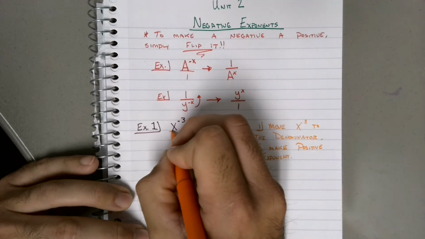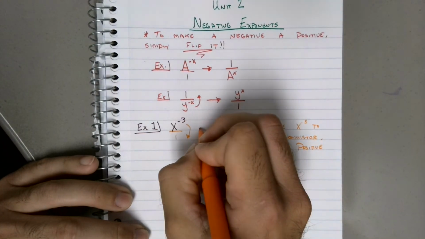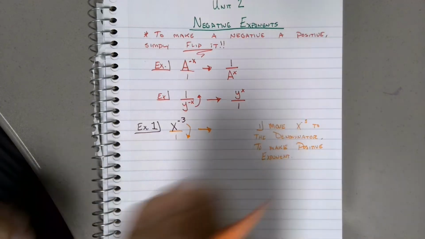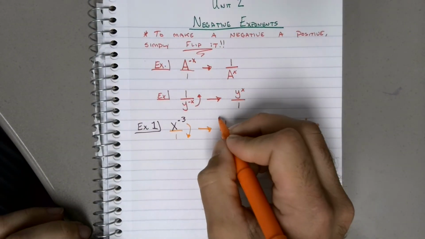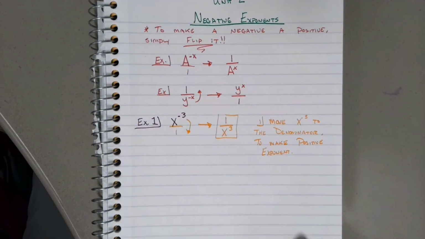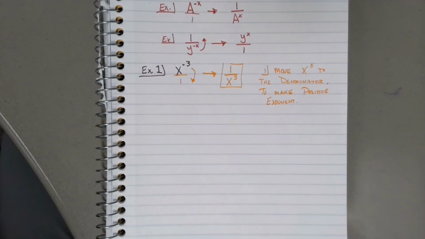Okay, so if I put this over 1, I'm going to move that there, and when I flip it, it changes to 1 over x to the positive 3, and that will be my answer. Okay, so all we do there is flip it.